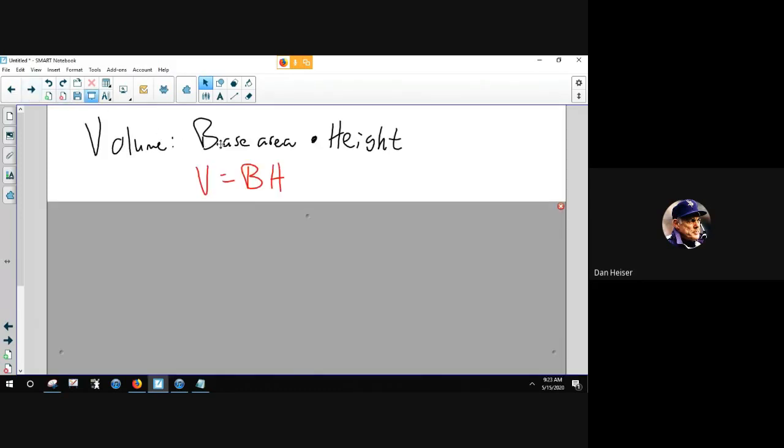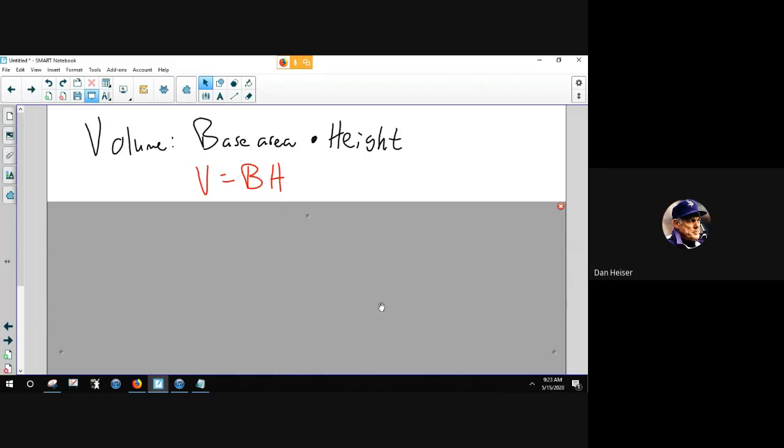Volume is nothing more than a base area times a height. And we're going to look at how to calculate volumes of the four solids we've already looked at: prism, cylinder, pyramid, and cone. And we also have one more solid we haven't looked at yet, and that's coming a little later on.